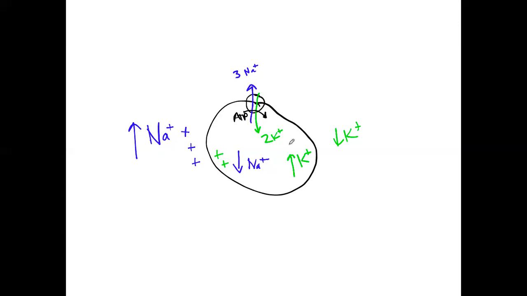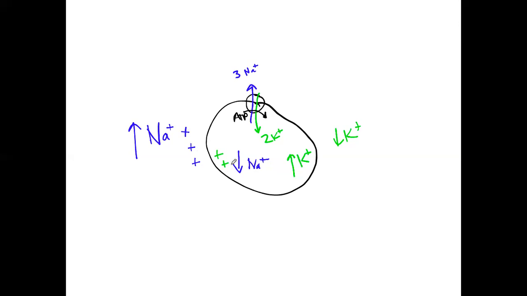Plus, it's also going to kick out 3 sodiums, which is 3 positive charges on the outside, and it's going to drag in 2 positive charges on the inside, okay? So 3 positive charges outside, 2 positive charges inside.